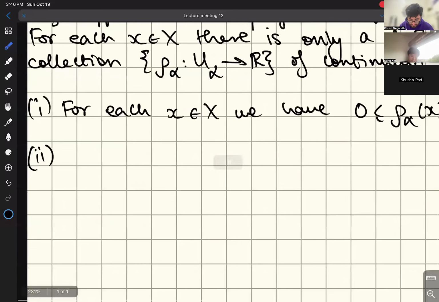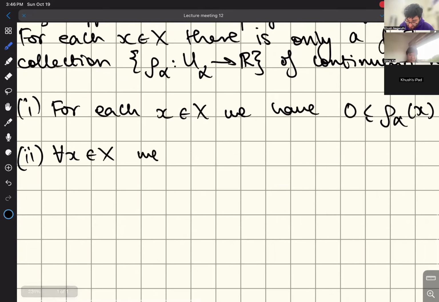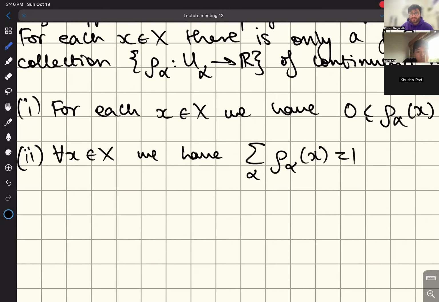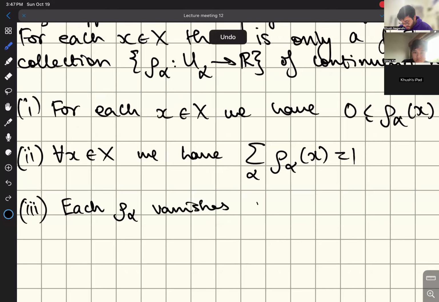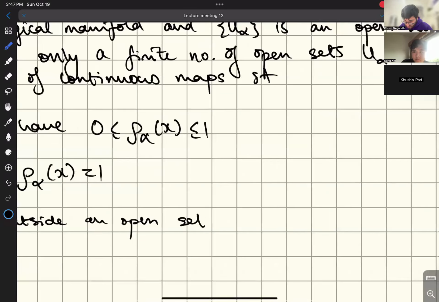Two, for all x in X, we have that the sum over alpha of rho alpha at x equals 1. And three, each rho alpha vanishes outside an open set containing u alpha.